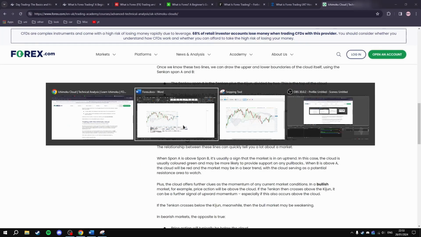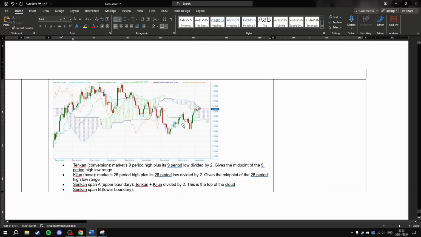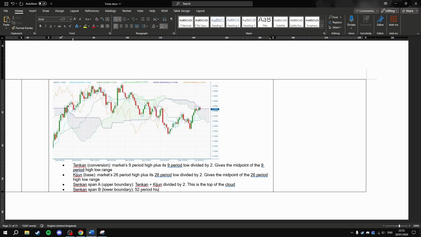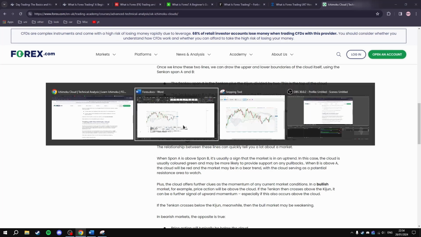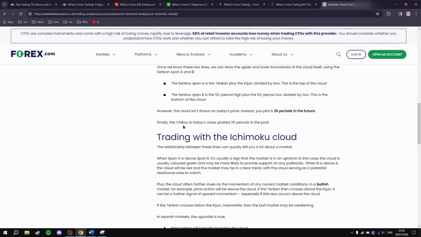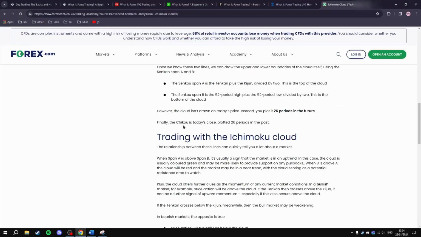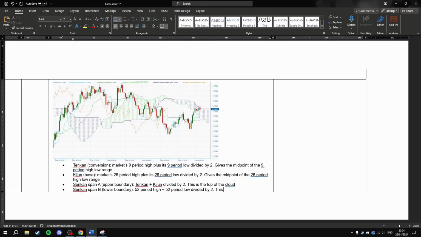So 52 period high plus 52 period low, divided by 2. This is the bottom of the cloud.